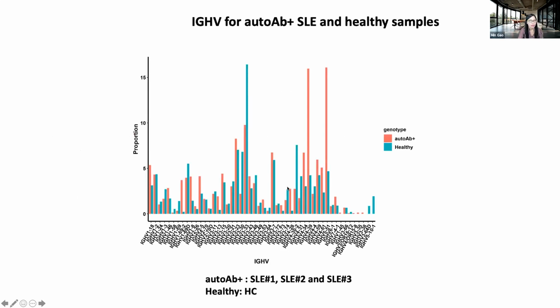We compared the IgH genes in SLE patients and healthy controls using our in-house method. We can see there are some IgH genes significantly differently used in the SLE patients compared with healthy controls.